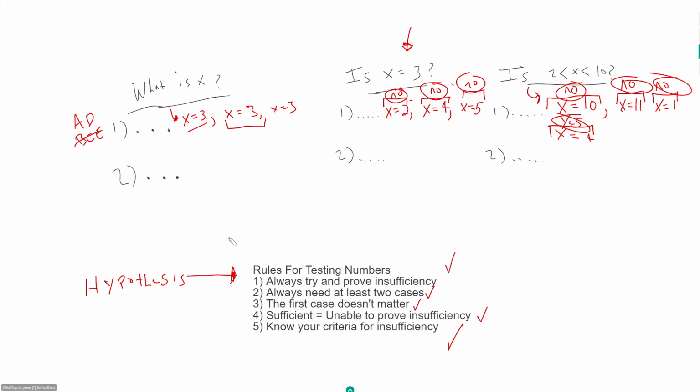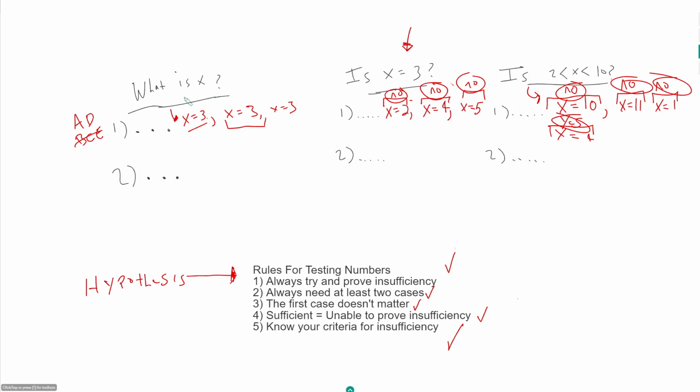Like I said, you need at least 2 examples. This also means that the first example does not matter. So you can just use the easiest numbers that you can think of that still fit the criteria of your statement. And oftentimes, you can use this in combination with algebra.